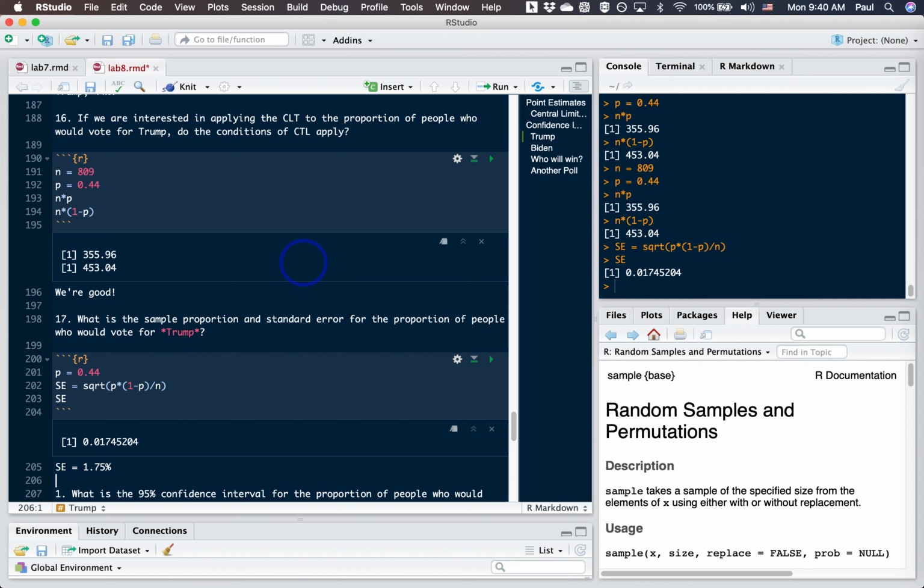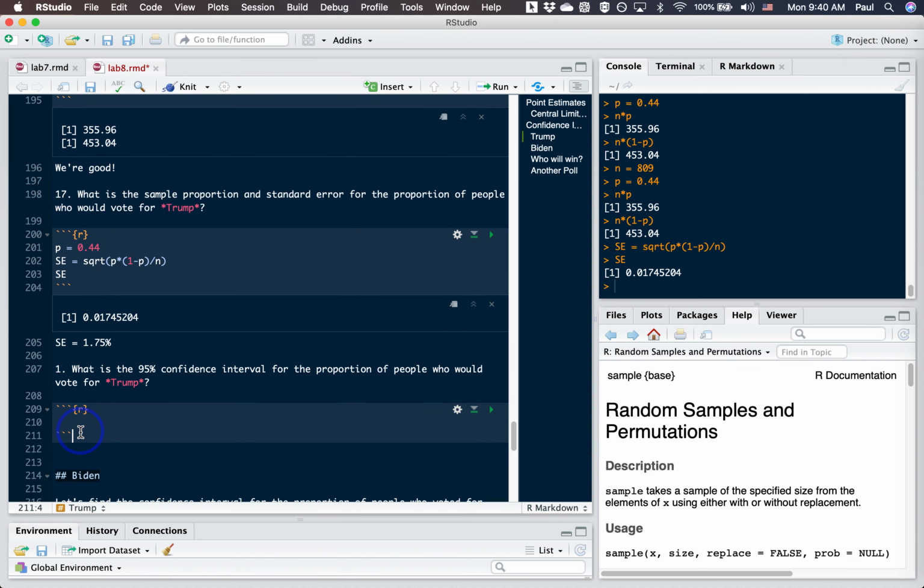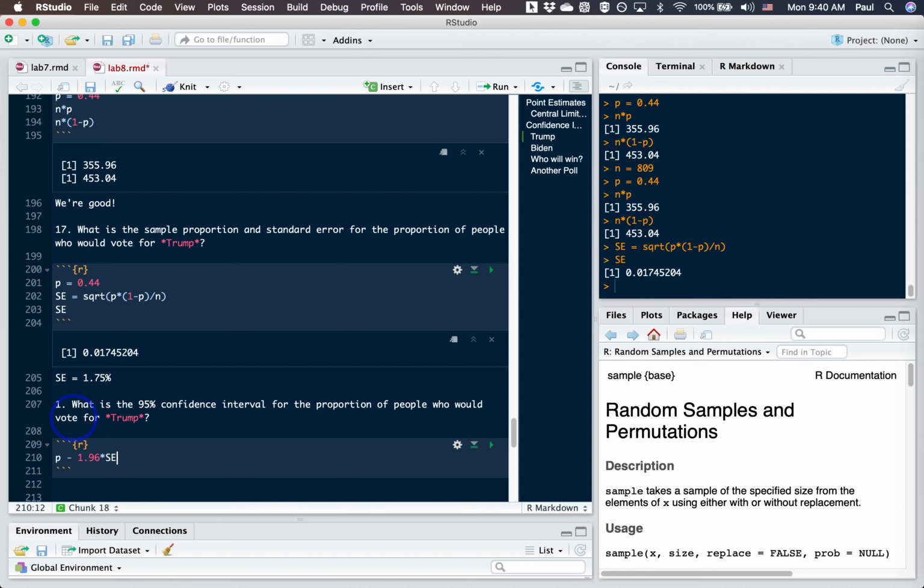Remember from that 68, 95, 99 rule, about 68% of the data will fall within 1.75 above and below 0.44. So to construct the 95% confidence interval, to be more precise, we're looking at p minus 1.96 times the standard error and p plus 1.96 times the standard error.